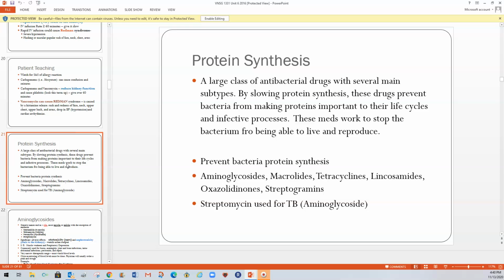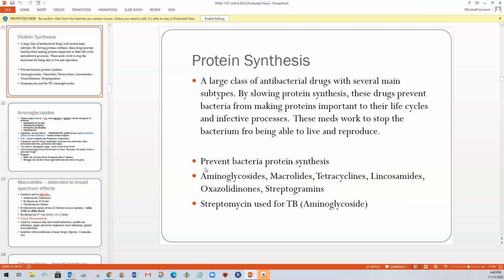Protein synthesis inhibitors, that's a large class of antibacterial drugs, and it slows protein synthesis. So the bacteria needs protein, and these drugs disrupt their life cycles because they can't get the proteins that they need.